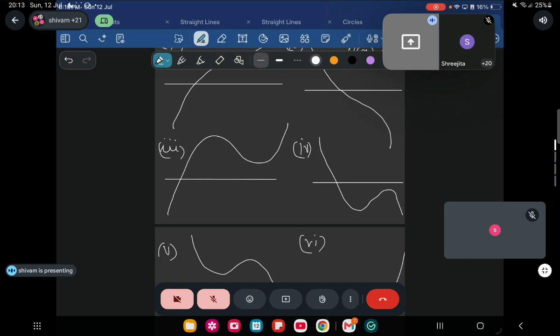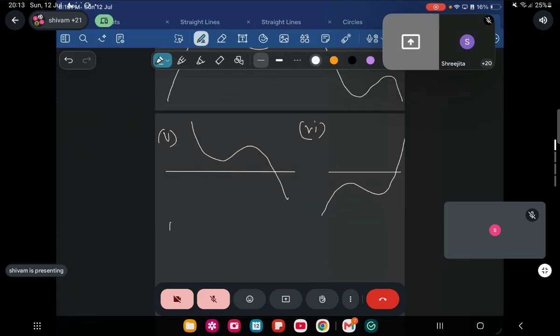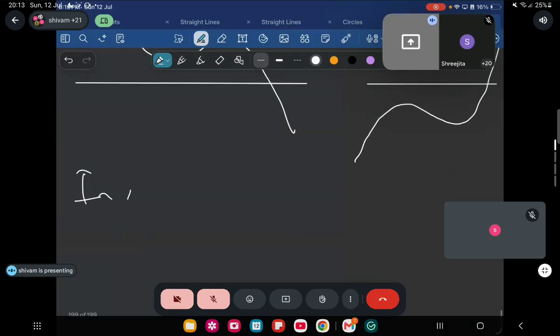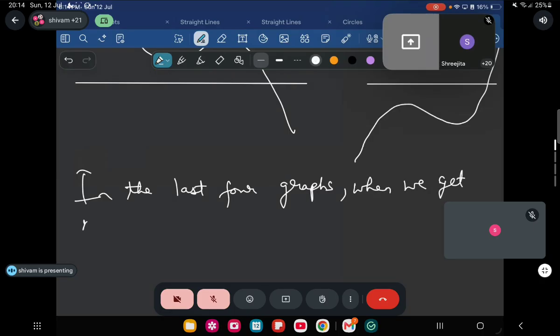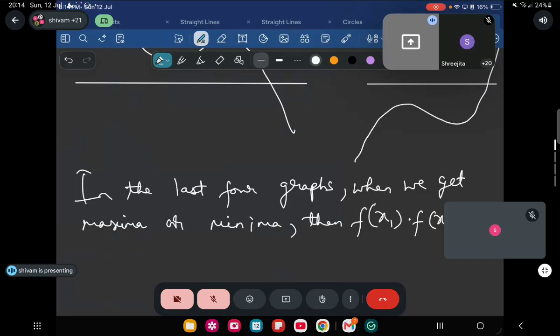So I'm telling you what conditions you have to apply for the last 4 cases. Okay, pay attention. In the last 4 graphs, when we get maxima or minima, then f of x1 into f of x2 must be greater than 0.